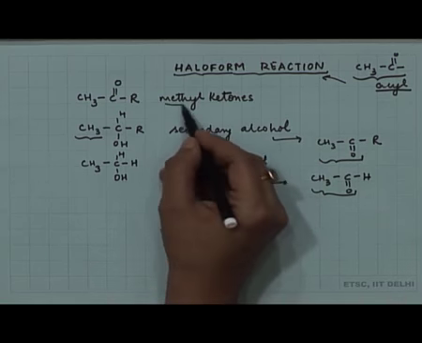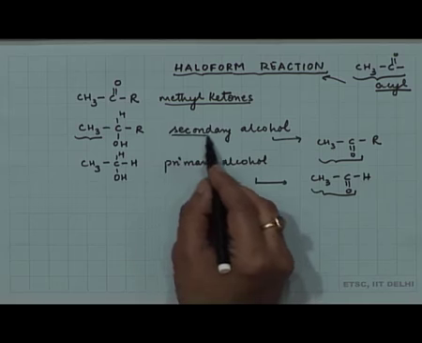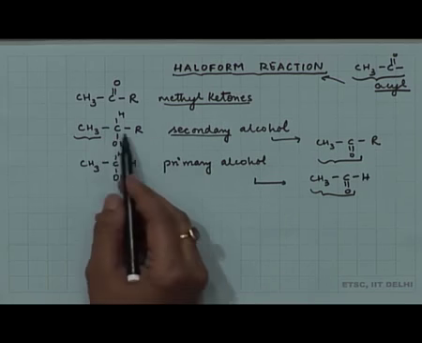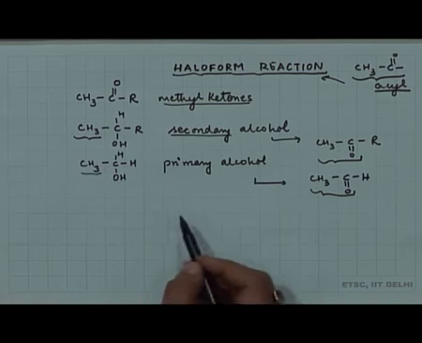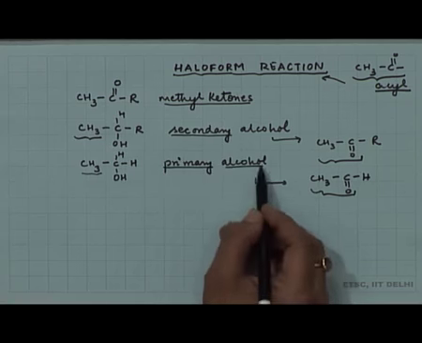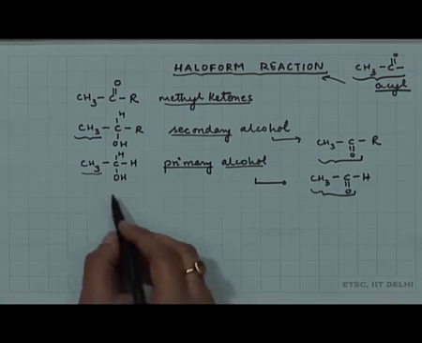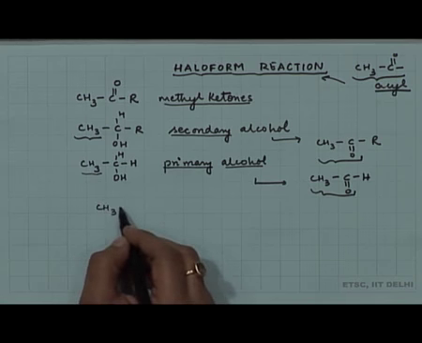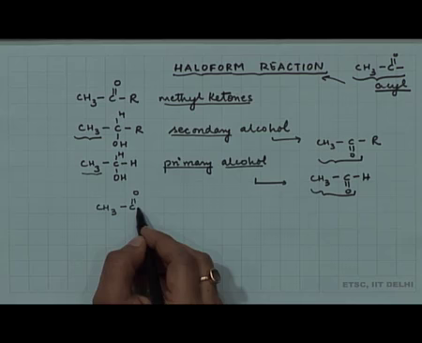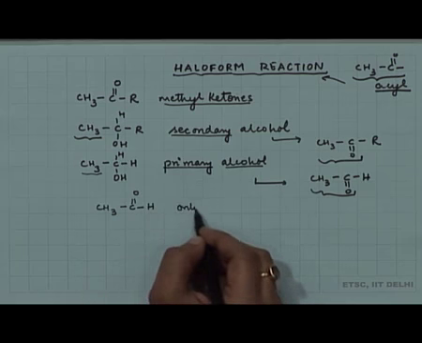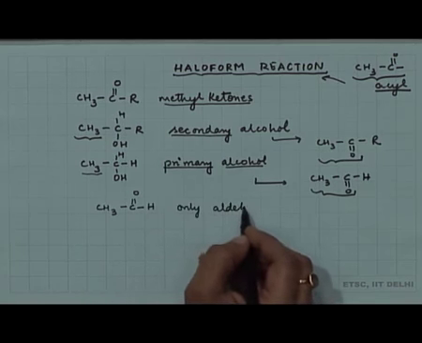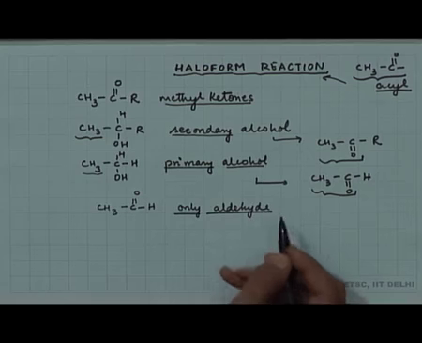So, it is given by methyl ketones, it is given by secondary alcohols, one of the carbons is bearing the methyl, it is given by primary alcohols, the carbon next to the carbon which is bearing hydroxy is a methyl carbon, and it can also be given by acetaldehyde, and this is the only aldehyde which will give a positive haloform reaction.